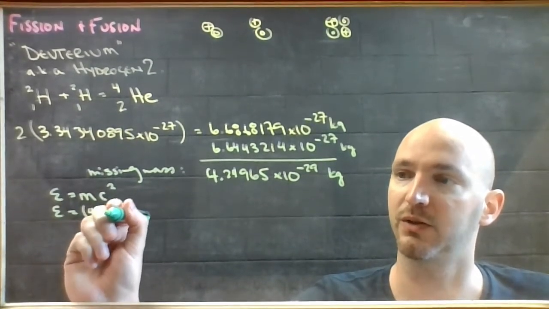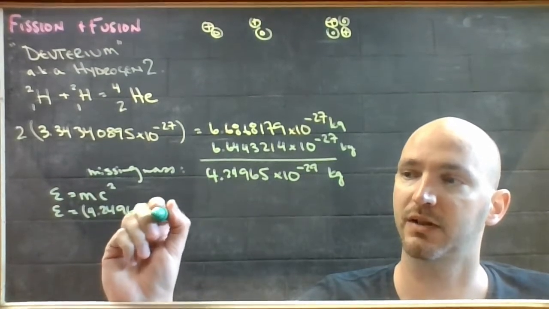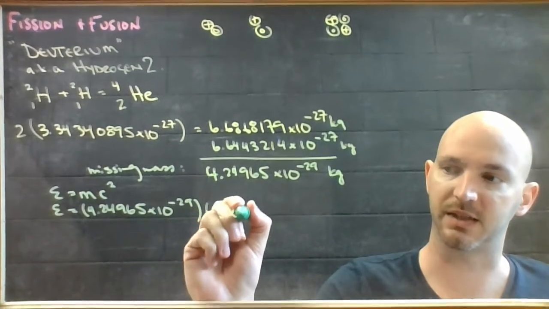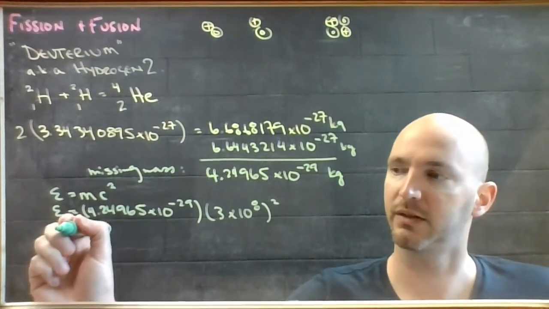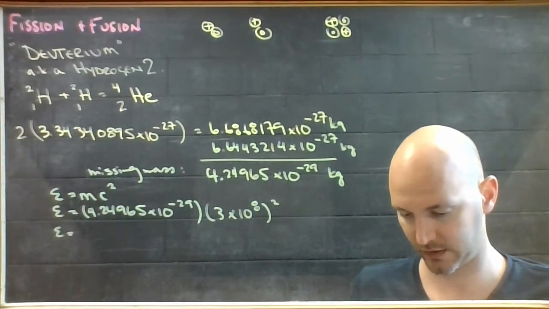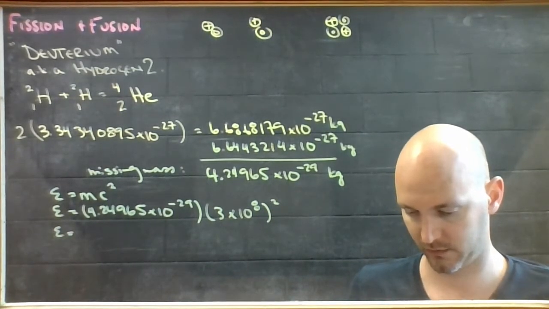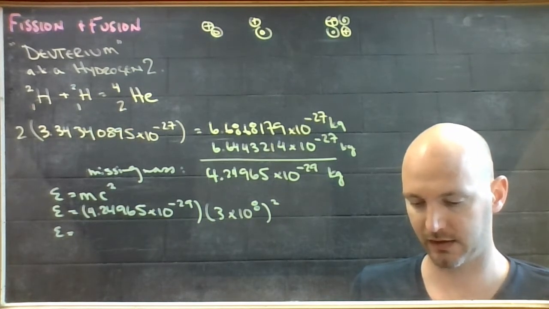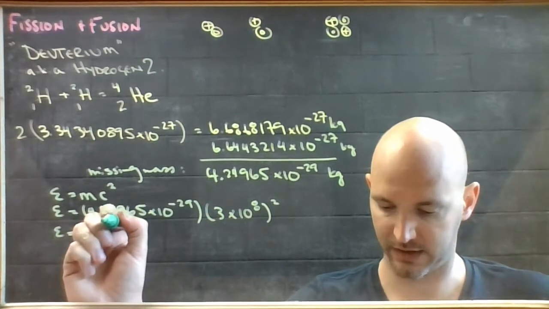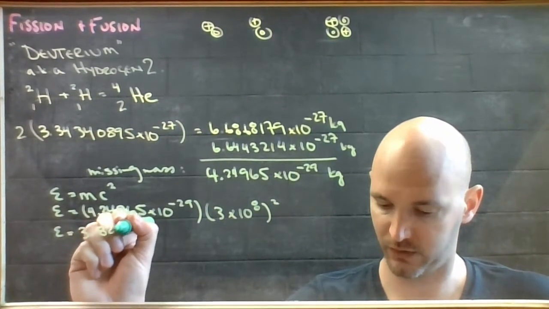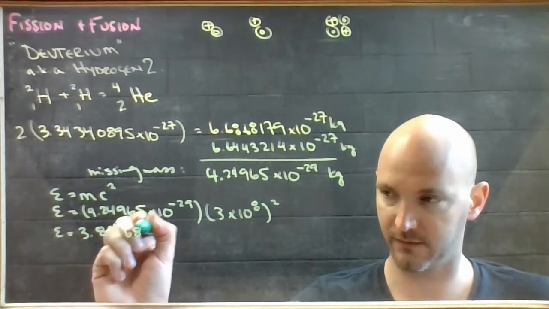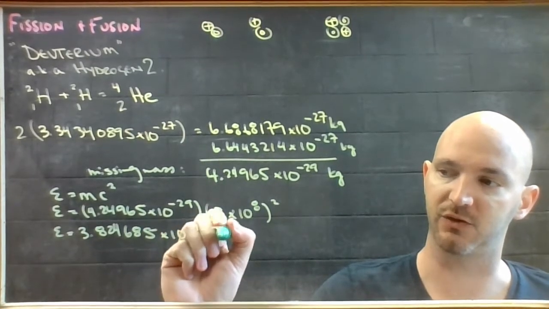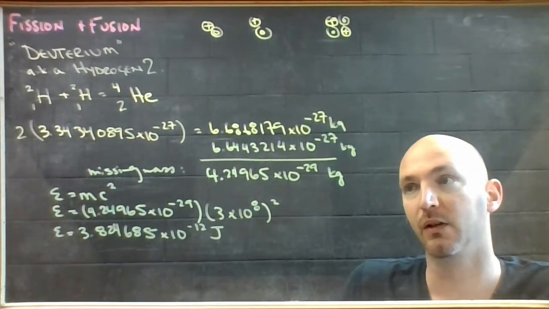So 4.24965 times 10 to the negative 29, times 3 times 10 to the 8 squared, which is 9 times 10 to the 16, gives me 3.824685 times 10 to the negative 12 joules per fusion.